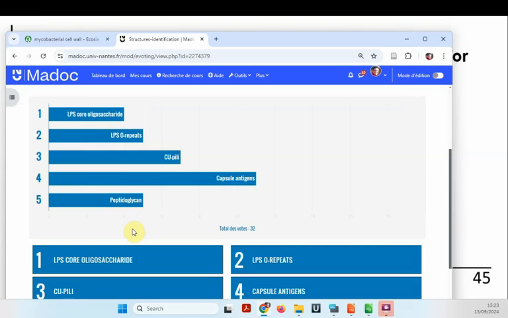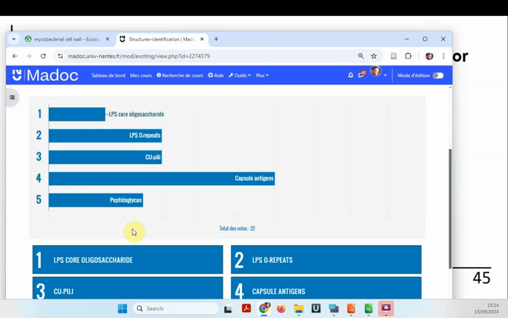Okay, why are these the wrong answers? There are two reasons why these are not correct. For the core oligosaccharide and the peptidoglycan, these answers are wrong because they're too conserved. Okay? Peptidoglycan is a complex structure, but it's kind of the same in gram positives and gram negatives.